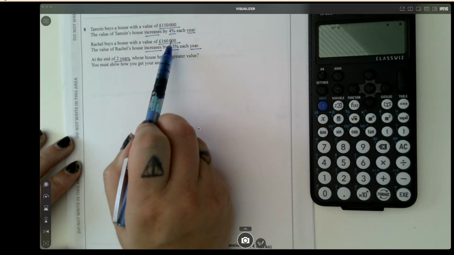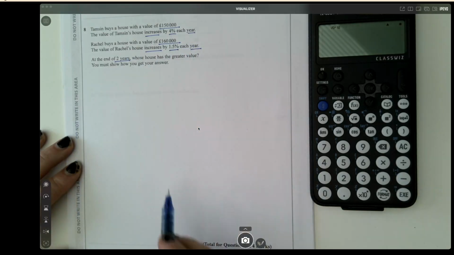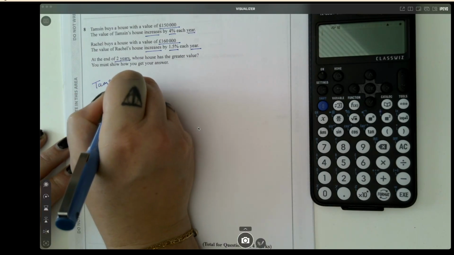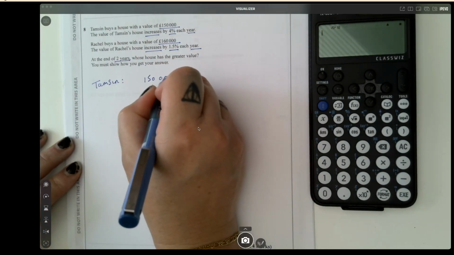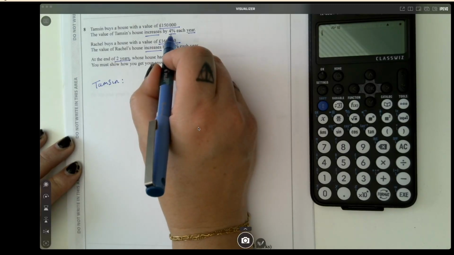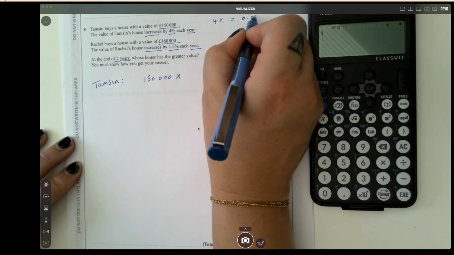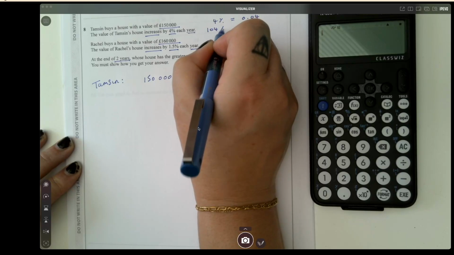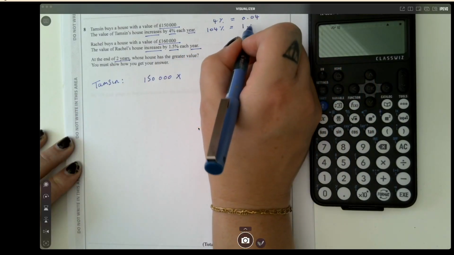So if we're increasing by the same amount each year, we're going to do compound interest for 2 years. So let's start with Tamsin. Tamsin started with a house value of £150,000, but it increases by 4% each year. 4% is 0.04 as a multiplier, but if we've increased by 4%, we want 104%, the original plus that 4%.